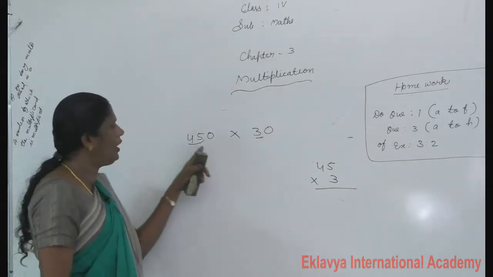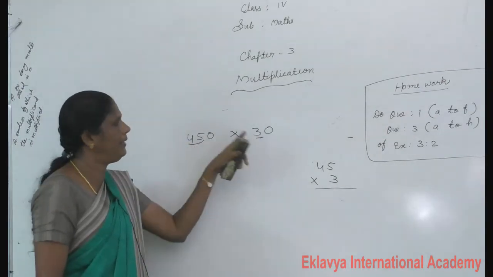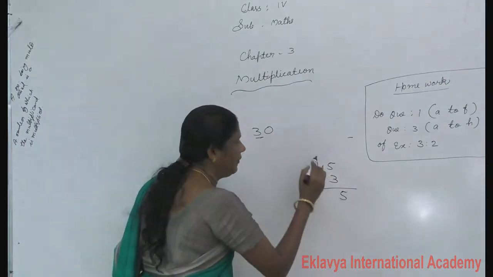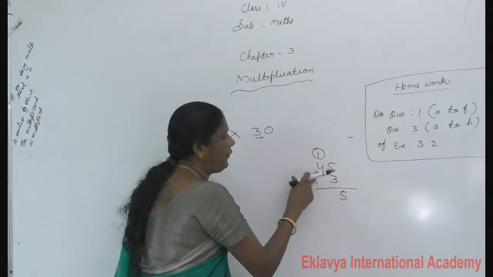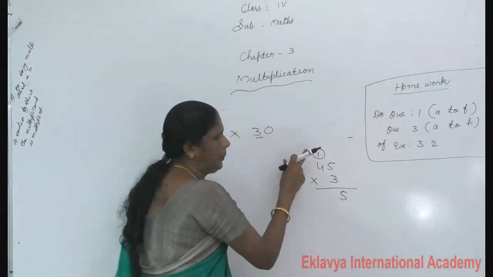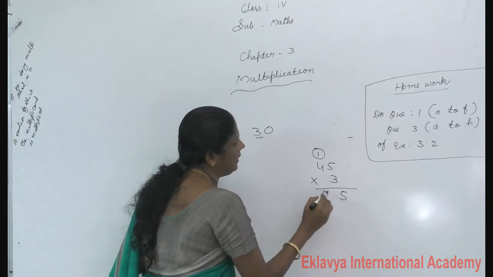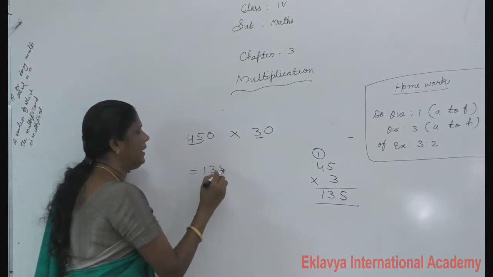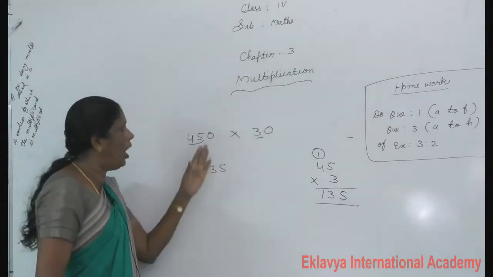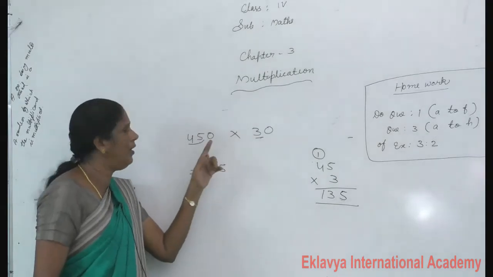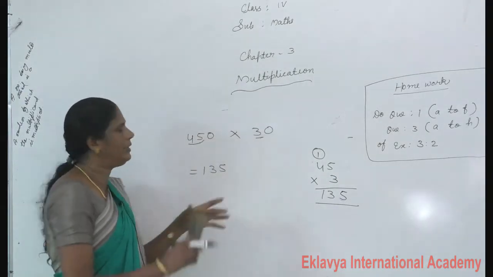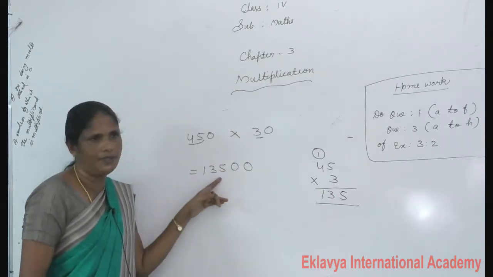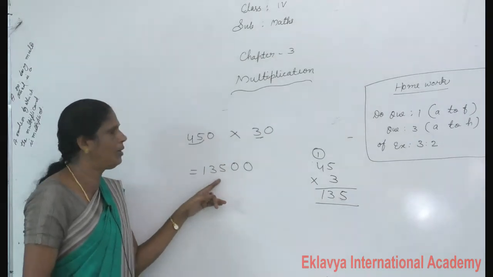Then 3 5s are 15, carrying 1. 3 4s are 12, 12 plus 1 is 13. Then this number you take: 135. Then how many zeros are left here? 1 here, 1 here. Then you put 2 zeros on the right side of the product. Understand?